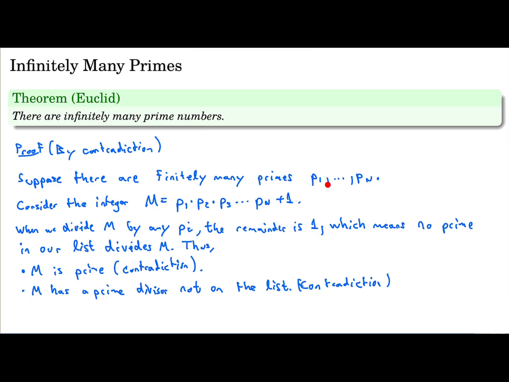Either M is prime, but then it would be in the list, or if M is not prime, then it has to have another divisor, and that's just not possible because it would be something that's not on the list. So in either case, we get a contradiction. And so this means that it cannot be true that there are finitely many primes, so there has to be an infinite amount of prime numbers.